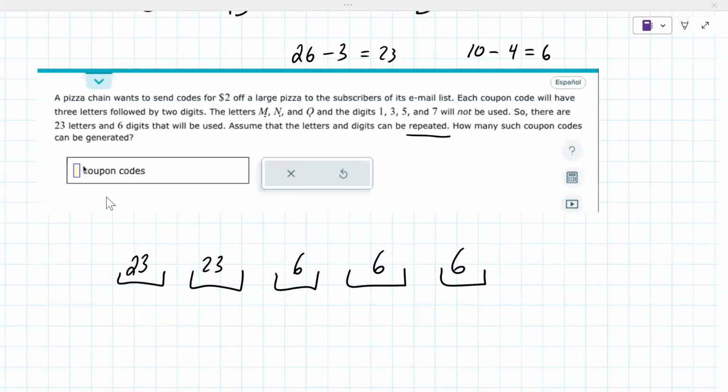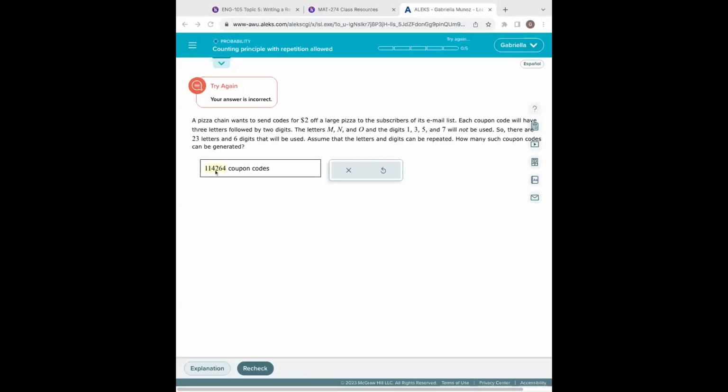And it ends up being 114,264. It's saying we're wrong. I mean, maybe I'm miswriting a step.